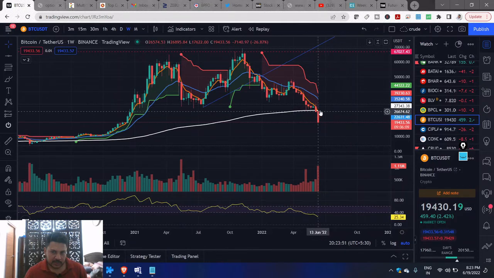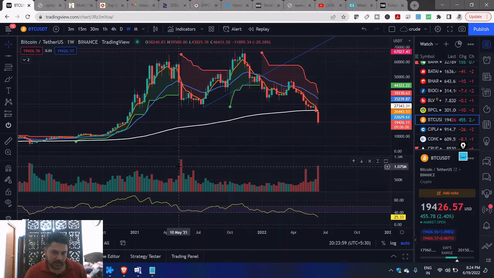But as you can see, there was good selling at this level. And see the volume of June 13, 2020 versus the volume of 24th May 2021. Still this volume is less. Okay, there was huge buying at this level, and it stayed here for weeks, and then suddenly it shot up from this to a new high.